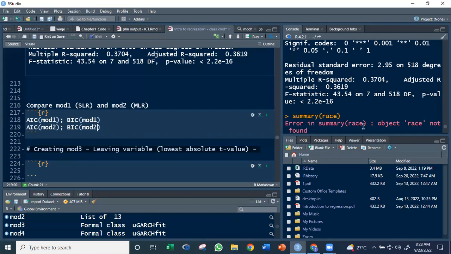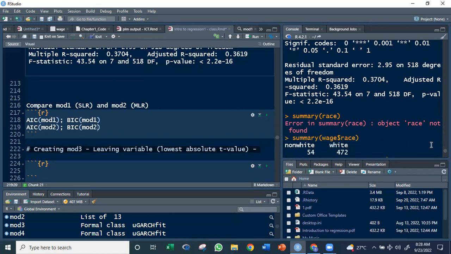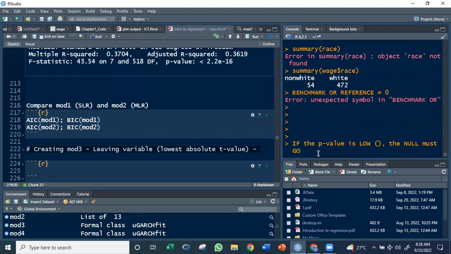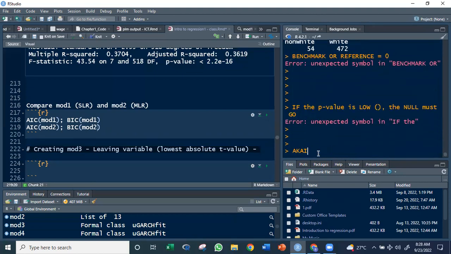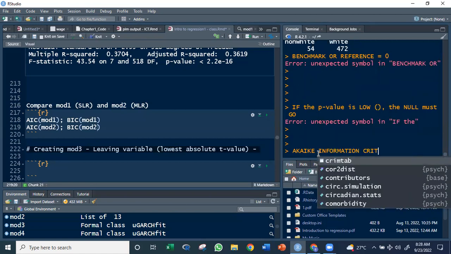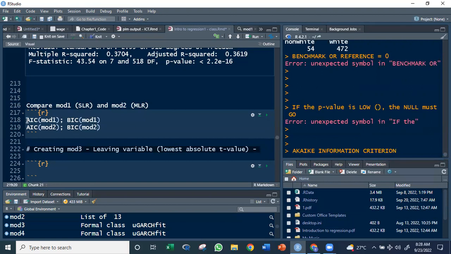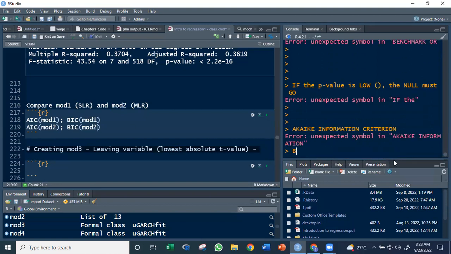We use the Akaike information criterion. I think I already mentioned this before. AIC is the Akaike information criterion, and the other one is the Bayesian information criterion.